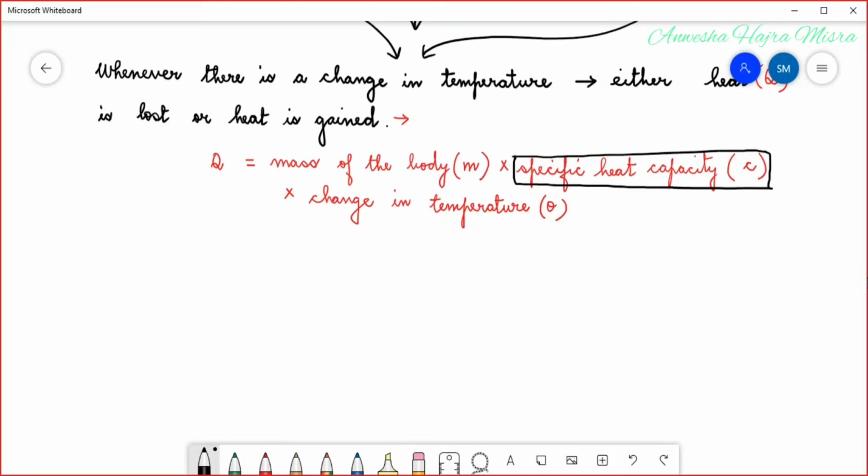We know what is mass, we know what is change in temperature. We have to have a clear idea of what is specific heat capacity of a substance. Now we have the formula Q equal to M into C into theta.